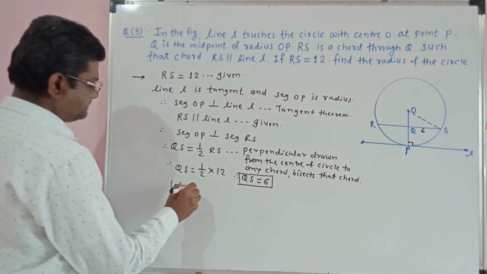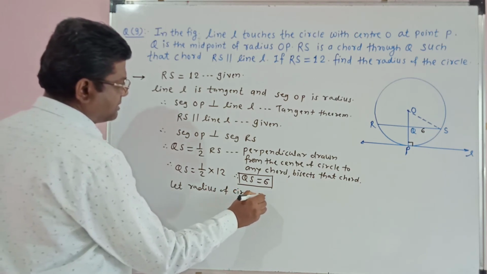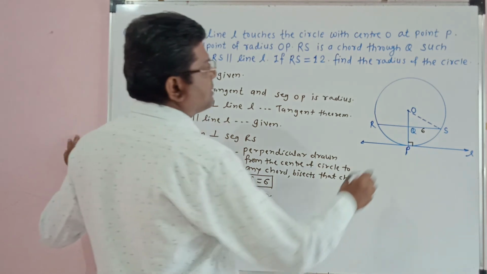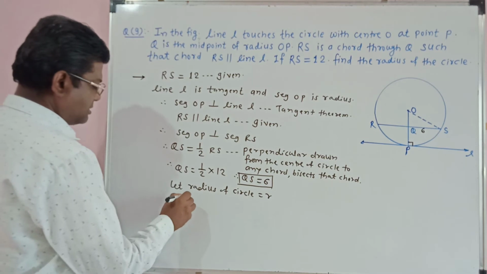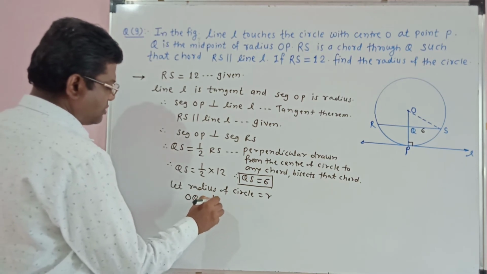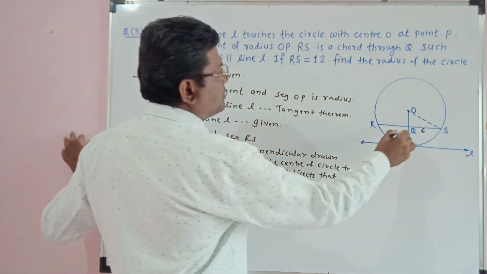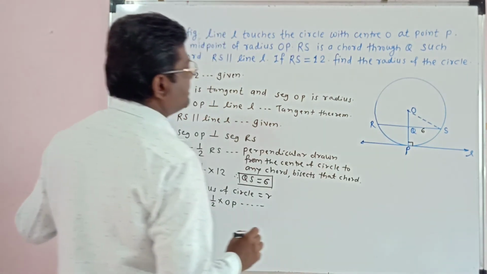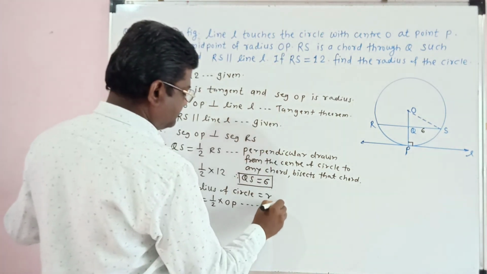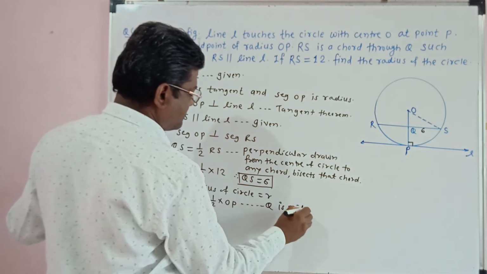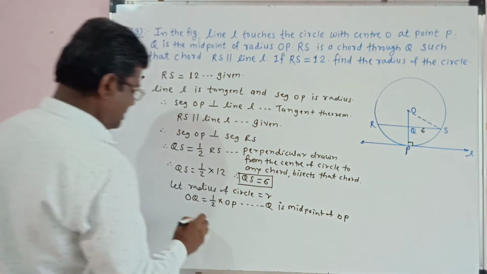Let the radius of the circle be R. Now OQ is equal to half of OP. OQ is equal to half into OP. Reason is Q is the midpoint of OP.